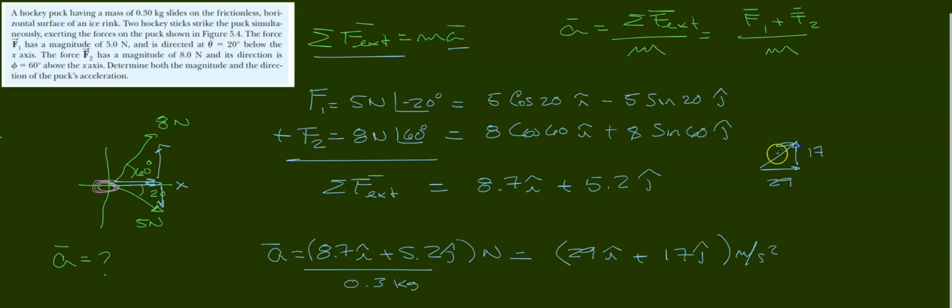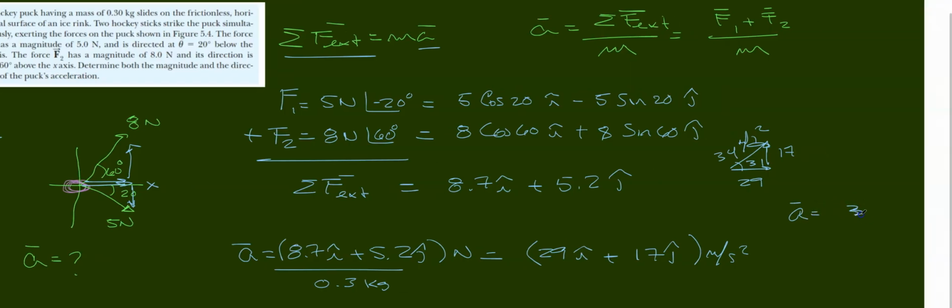If you use Pythagoras, you're going to get an angle of 31 degrees and a resultant of 34 meters per square second. So that will be the answer: 34 meters per square second at an angle of 31 degrees, which I can leave like this because it's expressed with respect to the positive x-axis, or 0 degrees.